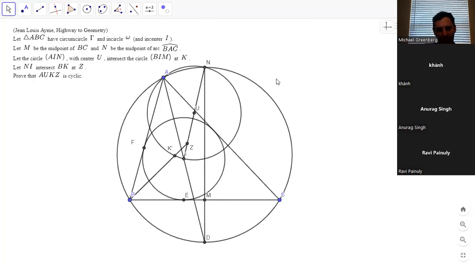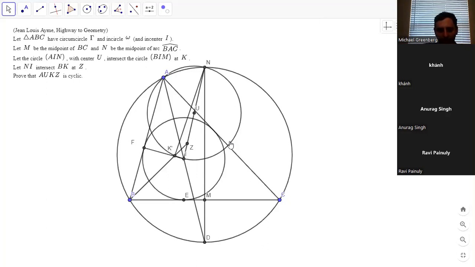Actually, let me go back a little bit. Maybe I could do it this way again. What's the isosceles trapezoid?